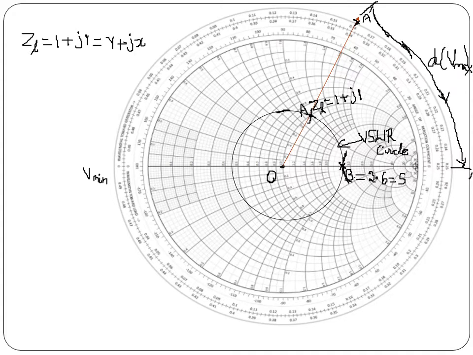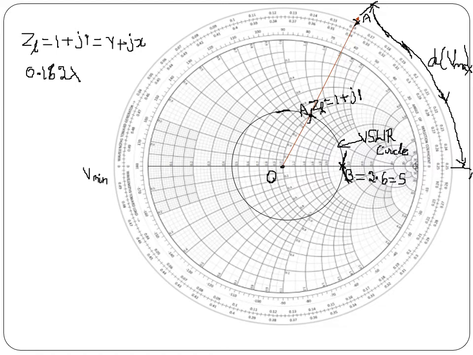Now read the value at this point, that is in my chart 0.162 lambda, and read the value at this point in the outer circle, that is 0.25 lambda.